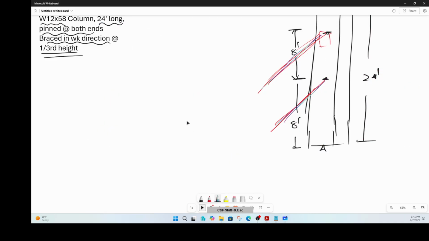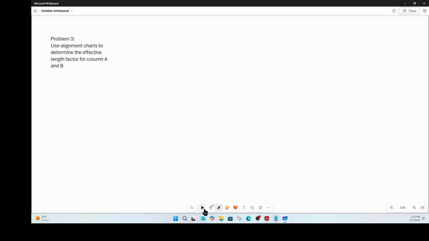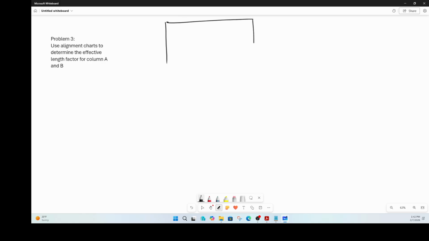Okay, so that's our second problem. Let's do another problem. This is an interesting, simple, but a nice problem here, right? Imagine you have a frame like that, correct?